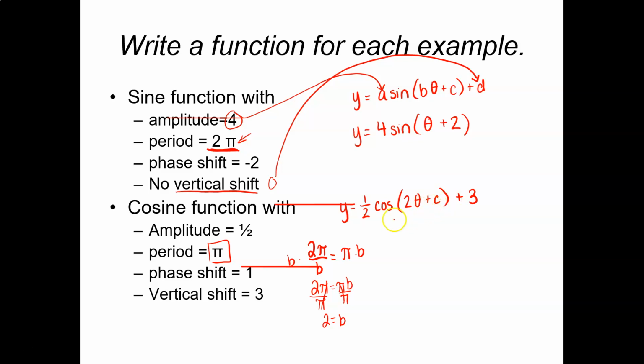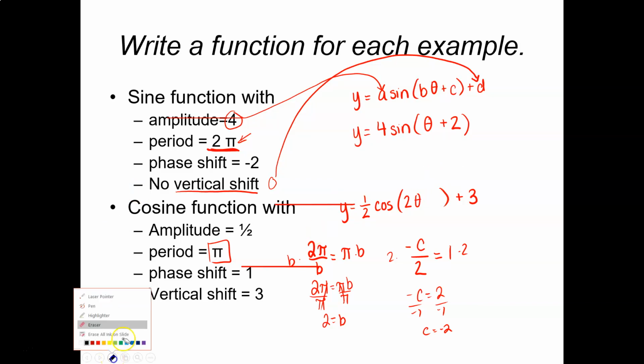So what you can do, you always want to find b first. I know to find phase shift, I've got to do -c over b, which we found to be 2, right? And that has to equal the phase shift, which is 1. So I can set up that equation, multiply both sides by 2. -c equals 2, divided by -1. c equals -2. So right here, we would have a -2.